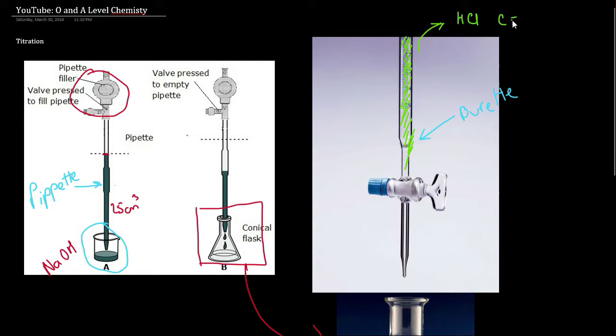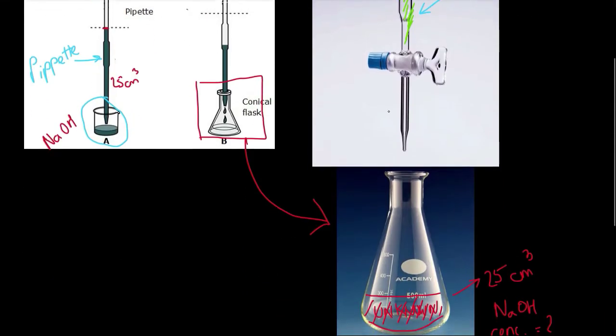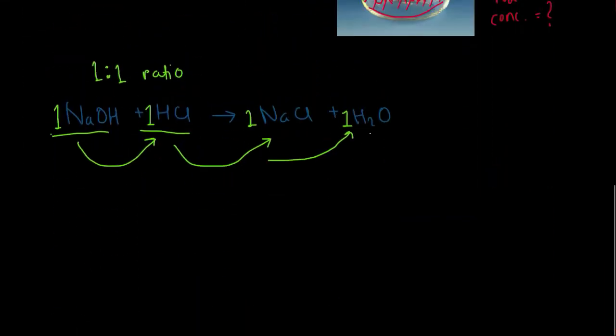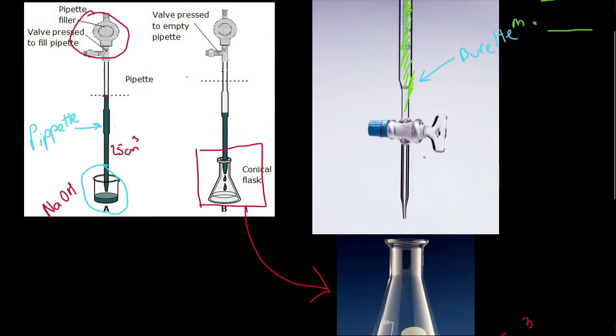The concentration of that HCl is say 1 mole per dm cube. Volume, we'll figure it out using the experiment. Moles, we will calculate.